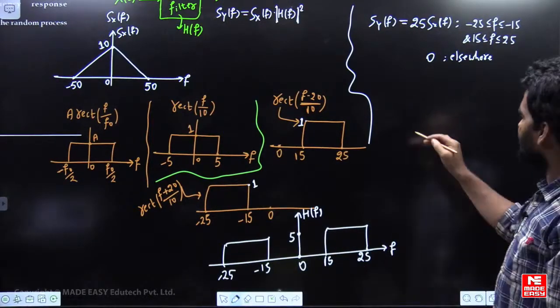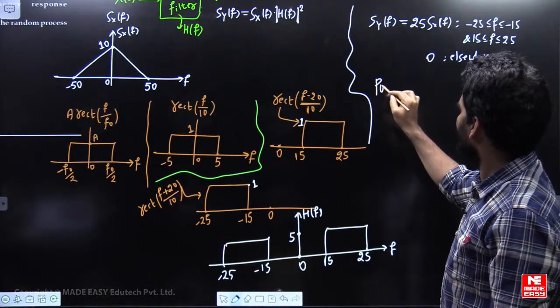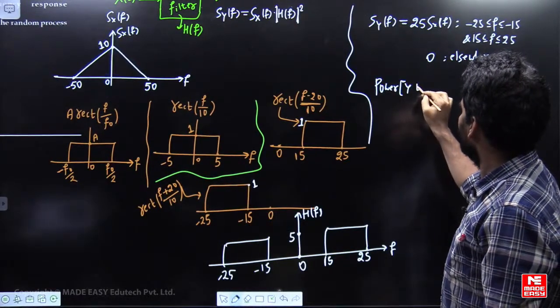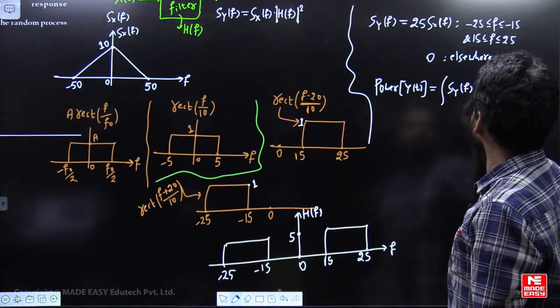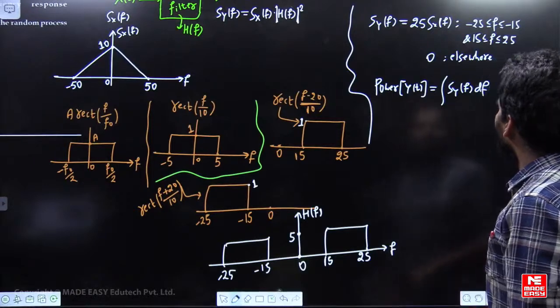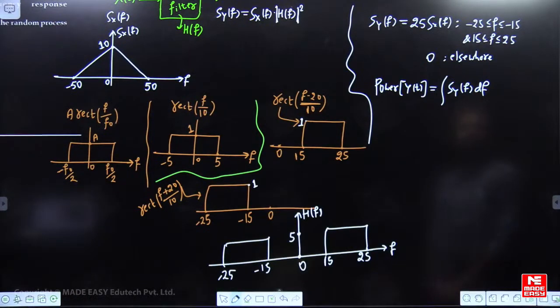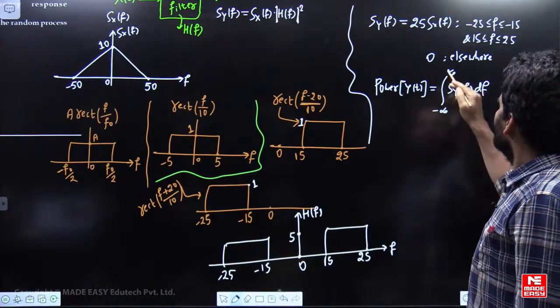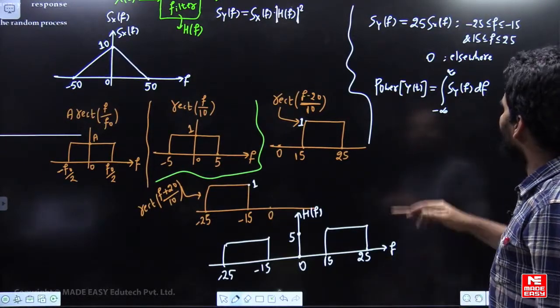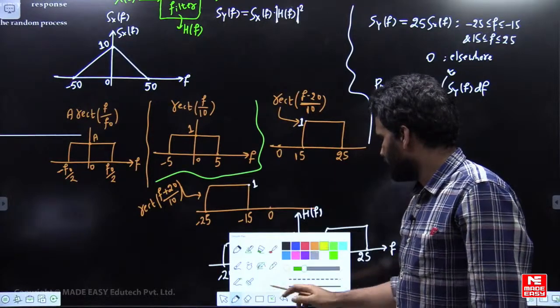Then the output power: we need to find the power of Yt. How to get the power of Yt? The total area under the PSD will give you the power. Sy of f, the total area under the PSD will give you the corresponding power. If you plot this, it is minus infinity to infinity.